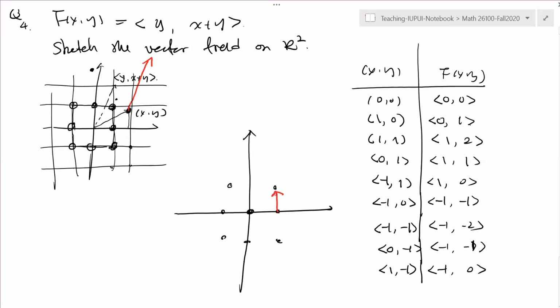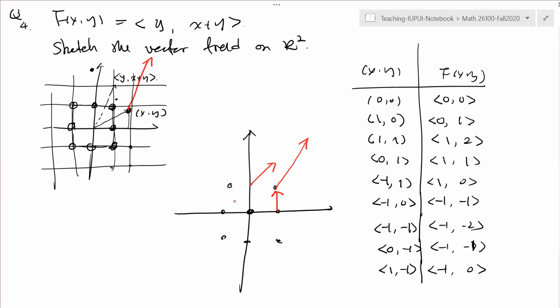Okay. At 1 and 1, it's going to be 1 and 2. 1 and 2 is going to be like that. Okay. 1 and 2. At the 0 and 1, it's 1 and 1.